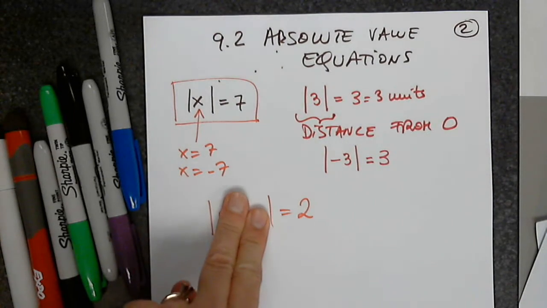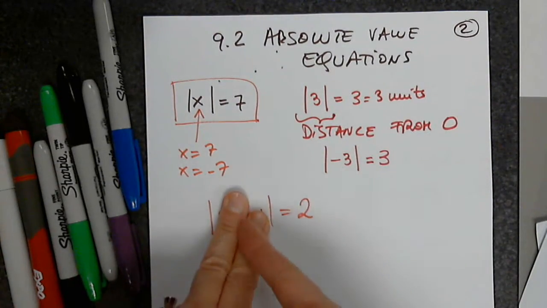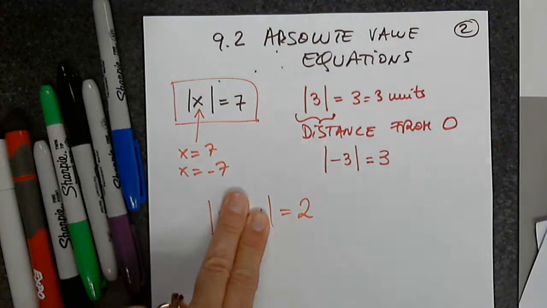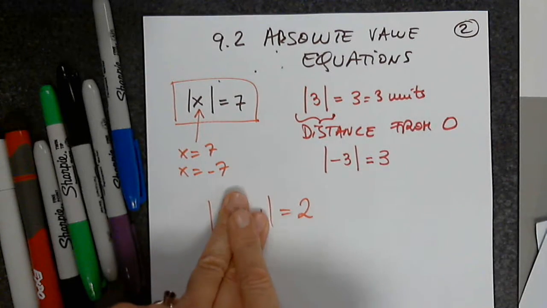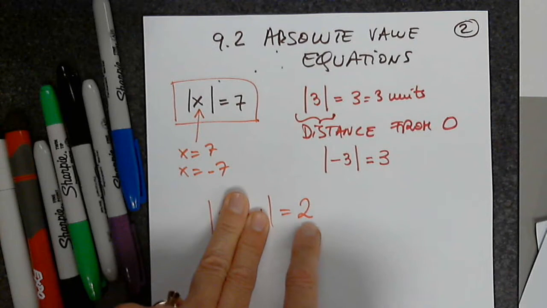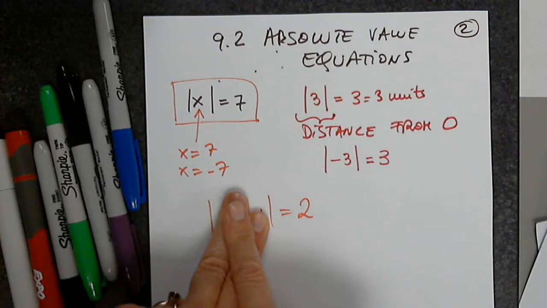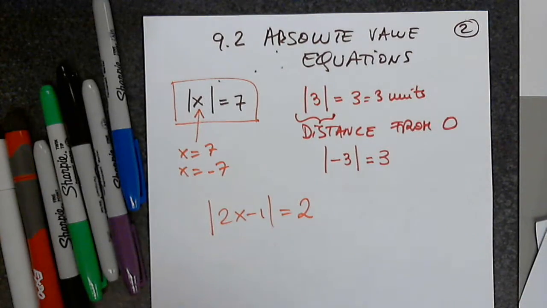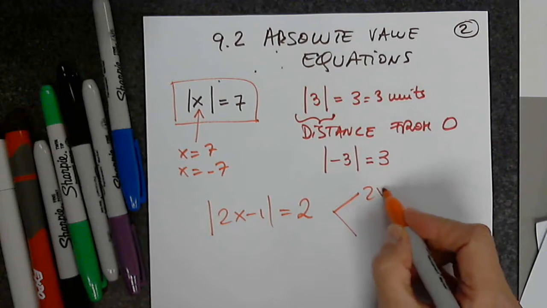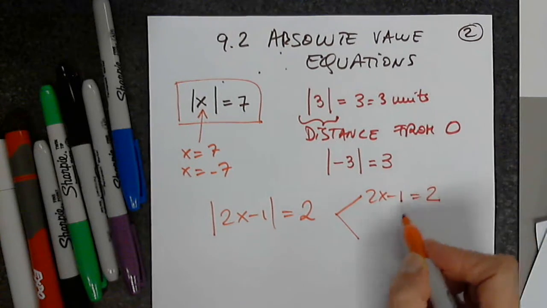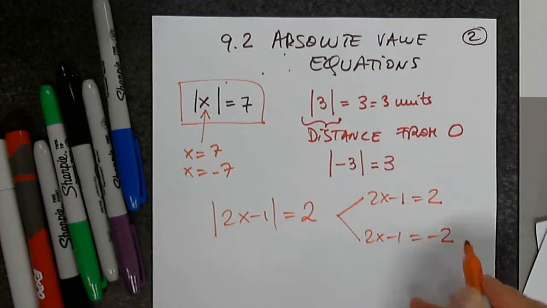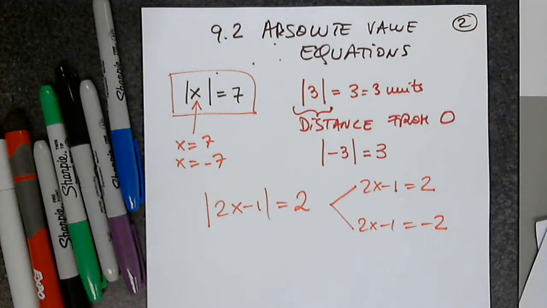Here's how I think. This time I want to determine these numbers, whatever they are, whose distance from 0 is exactly 2 units. So what can this number be in here? Exactly, and this is what I have to write. So I have two options: 2x minus 1 to be 2, or 2x minus 1 to be -2.